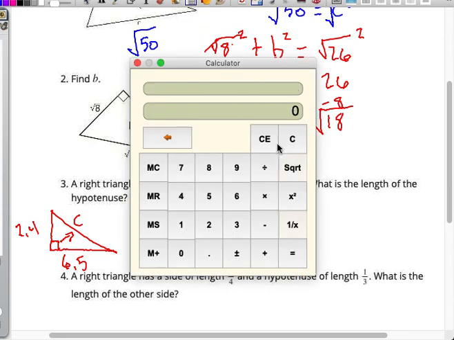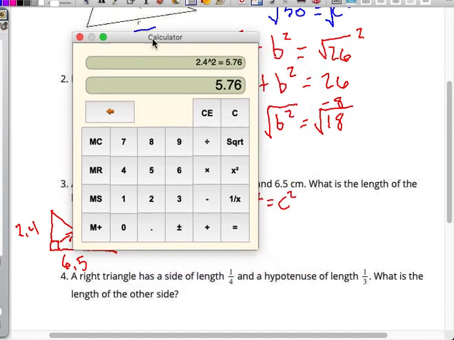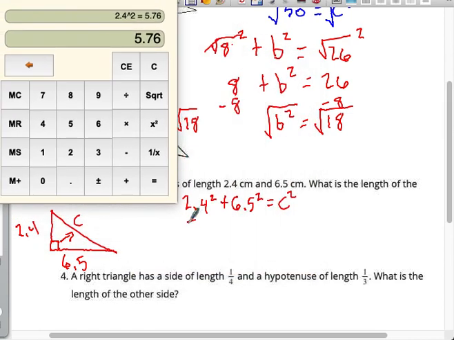All right, 2.4 squared is 5.76. Plus 6.5 squared, 42.25, equals C squared.